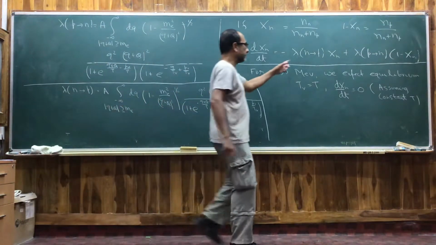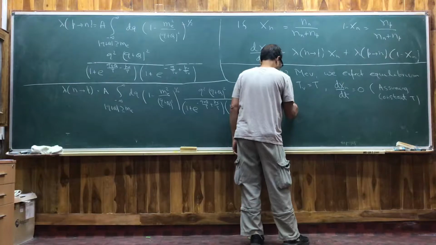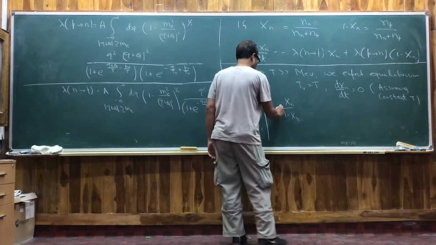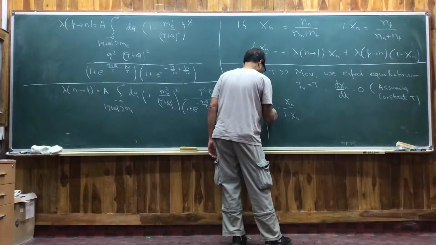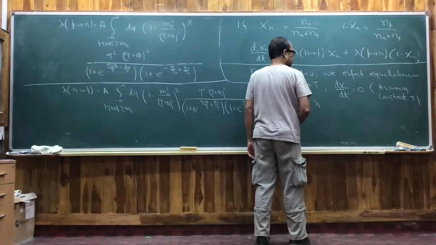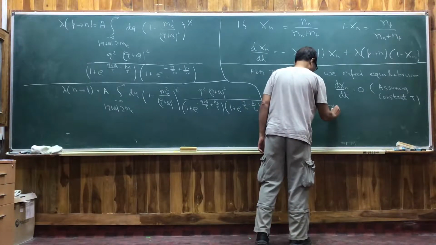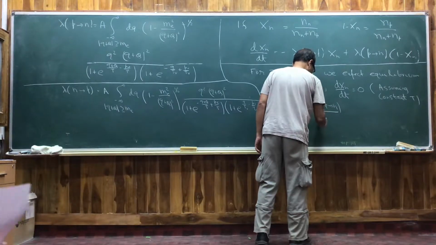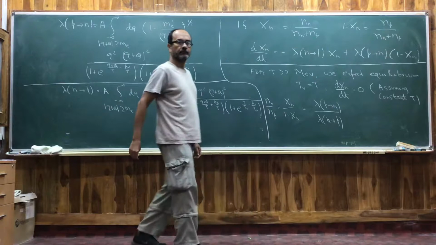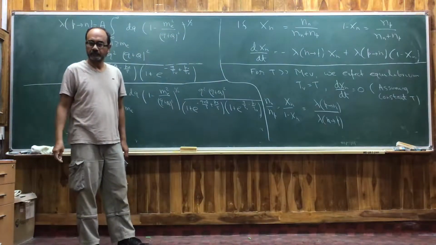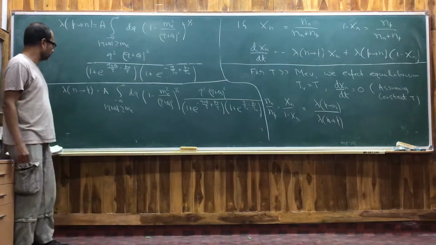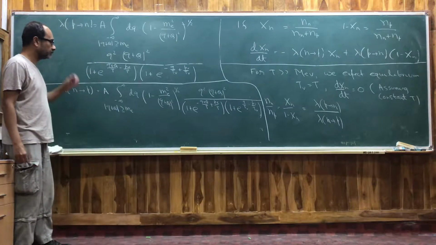So this will tell us that Xn over 1 minus Xn, that's the ratio of neutrons to protons, Nn over Np, should be equal to lambda P goes to N divided by lambda N goes to P. Is this clear?